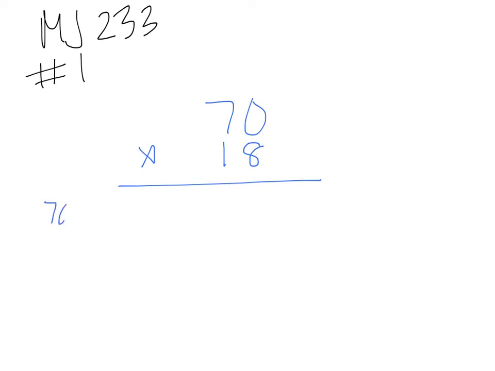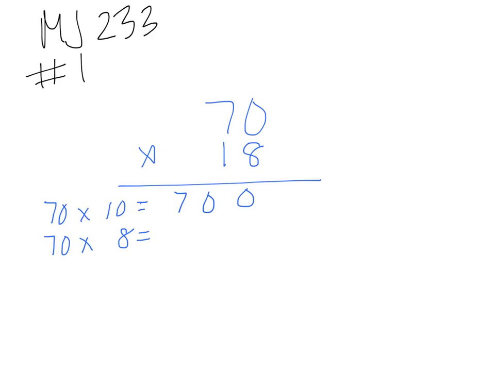So we're going to say 70 times 10 and 70 times 8. And do you notice how our place values are lined up really nice and tight here? And what is 70 times 10, Caitlin? 700.